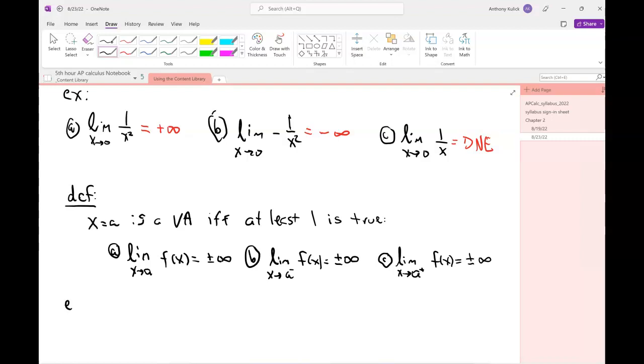So using this definition then, we could do things like show this function f of x has a vertical asymptote at x equals 3.